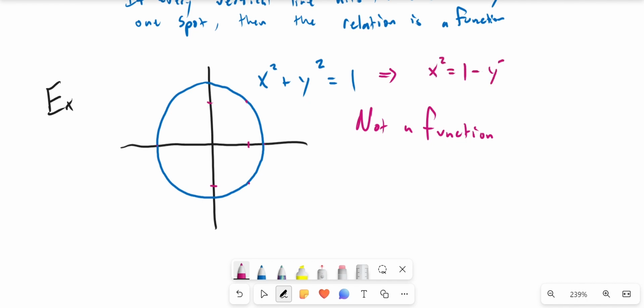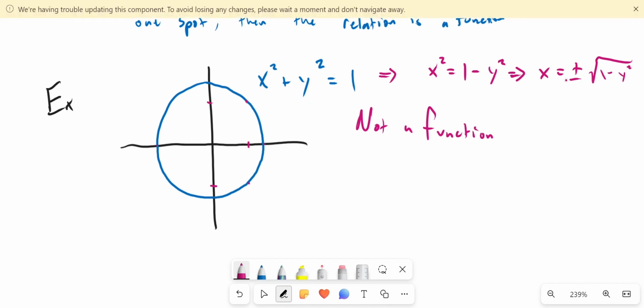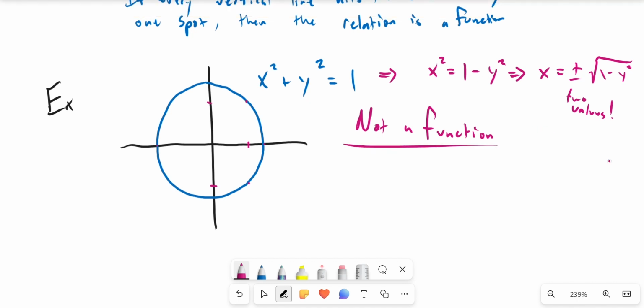And from there, x is equal to plus and minus the square root of 1 minus y squared. That's two values. Not a function. So a vertical line, for example, would hit this in two spots. As long as it hits anywhere in more than one spot, it is not a function.